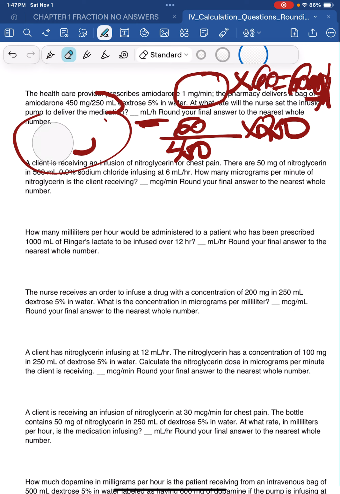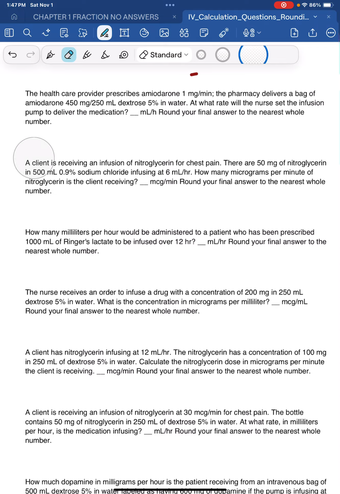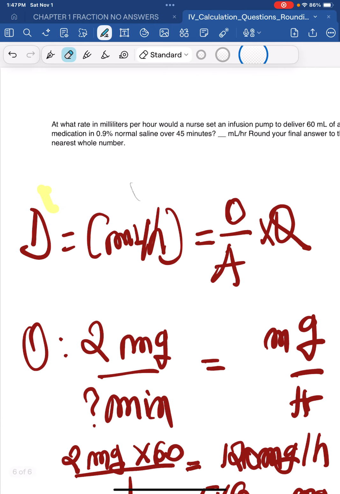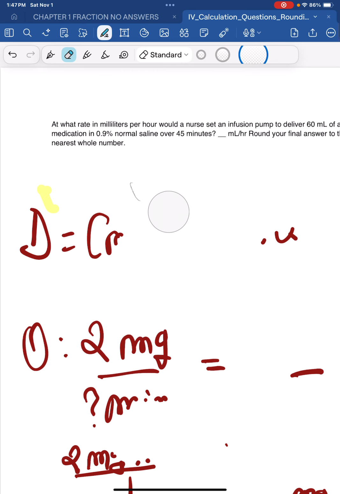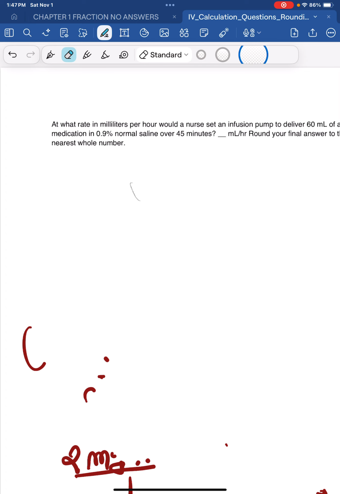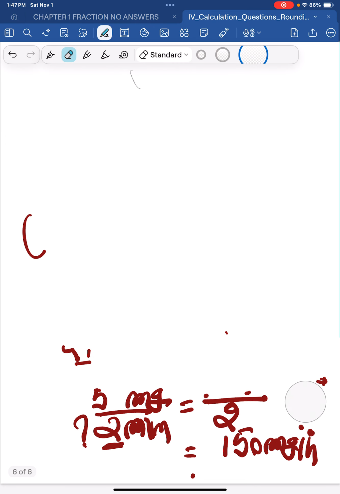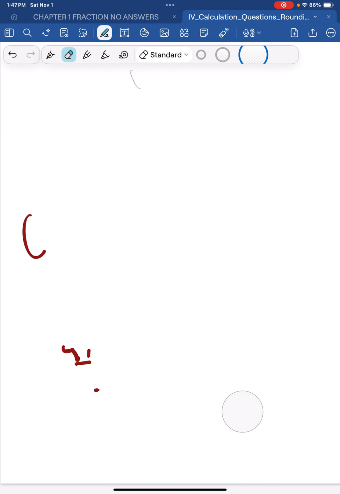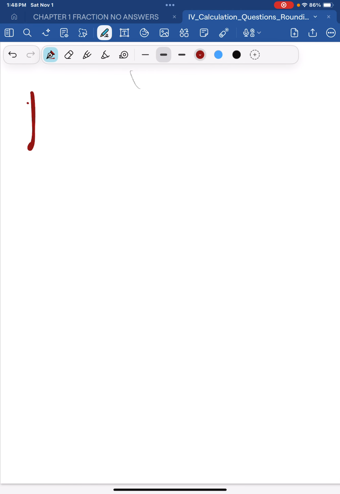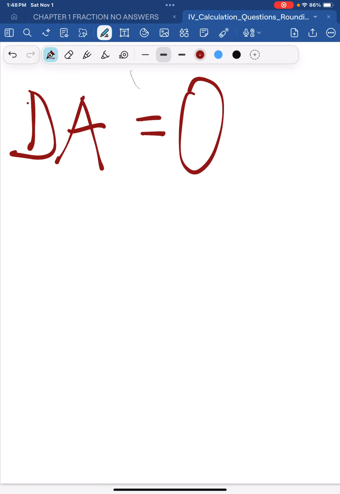Let me make sure that I explain this really well. Okay, let me go back to the last page, that we can go delete those stuff, because my dear friend, you gotta understand those concepts here. If you do, you're always going to get everything right. So this is what I always tell students to memorize. Dosage ratio multiplied by available equals order times quantity.